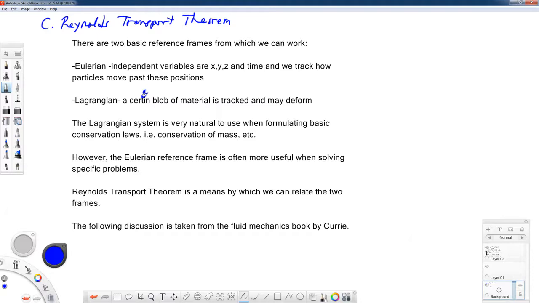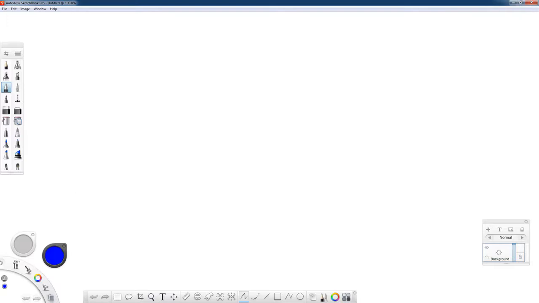Now this discussion is one that I'm going to present, and it's taken from the Fluid Mechanics book by Curry. It's several years old now, but you can probably still find a copy out there somewhere. This is going to get a little bit complicated, and I'll draw some figures in a moment.